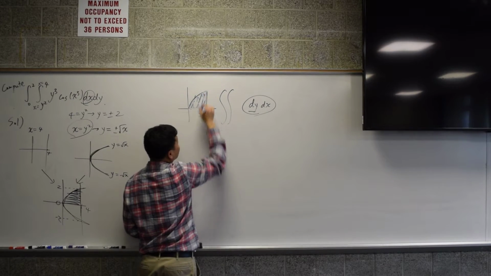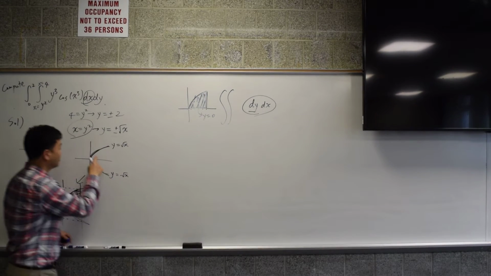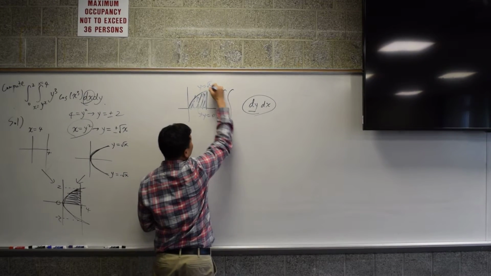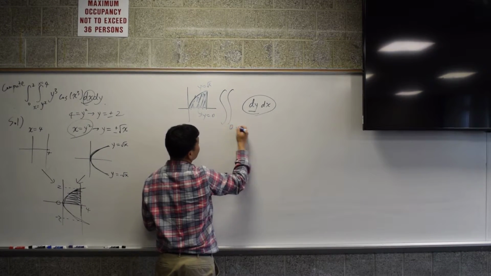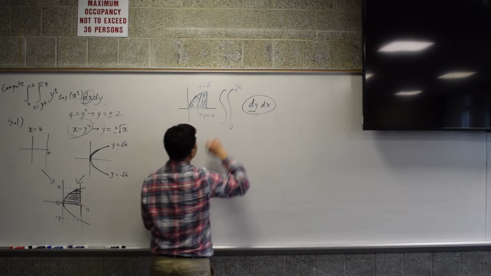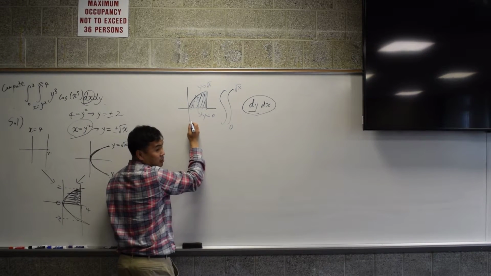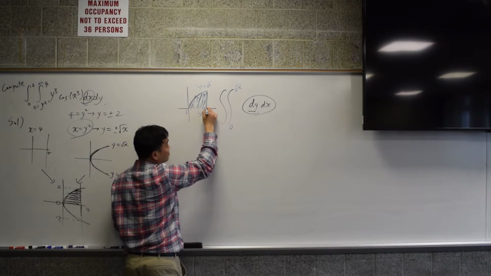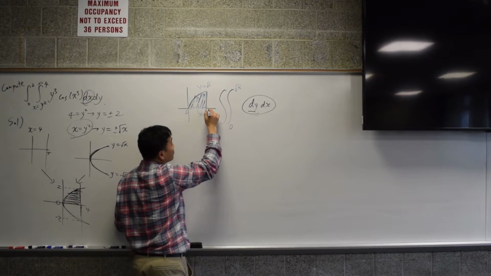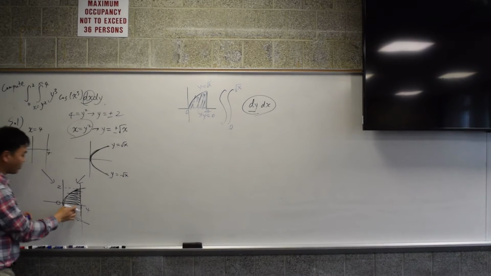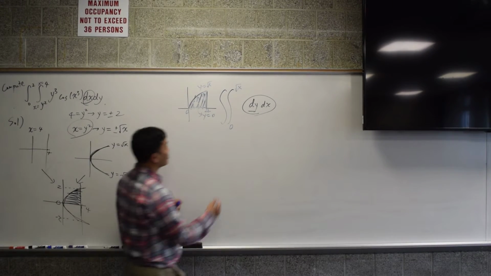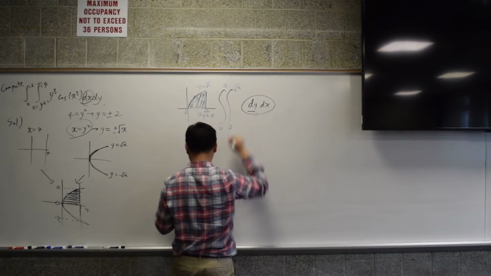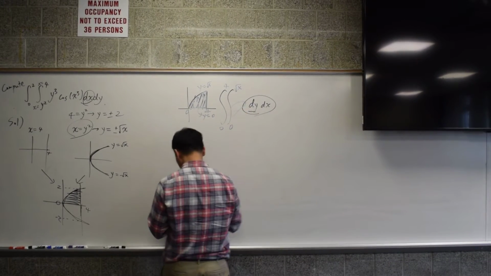What's the equation for this? This one, y equals square root of x. Therefore, you put 0 here and square root of x. Now, what's the minimum value of x? 0. Maximum value of x? 2. No. 4. It's 4. Maximum value is 4. So it's 0 to 4, and then you're integrating.